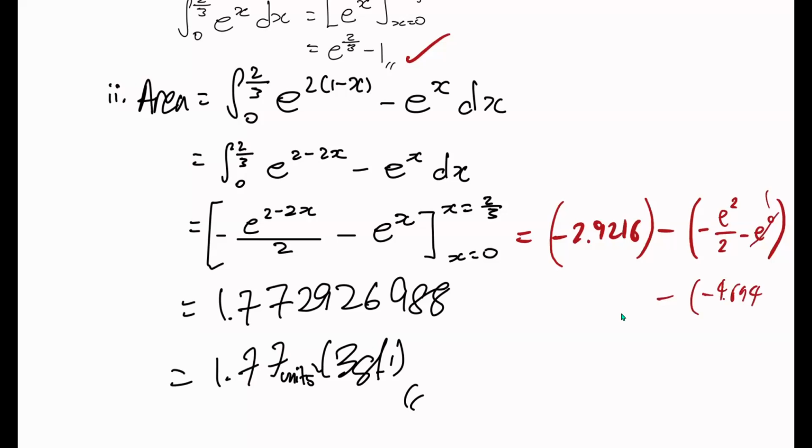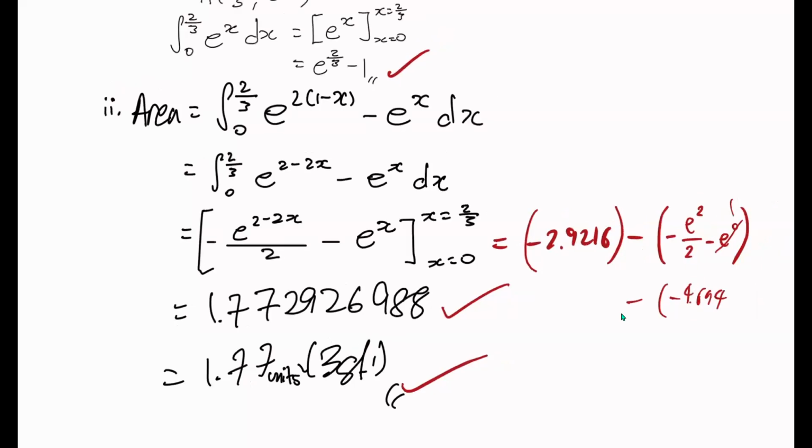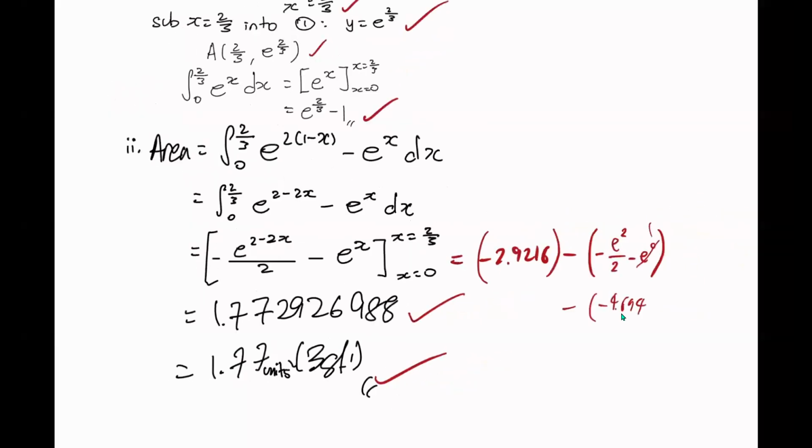So is this correct? So you add on to the negative 2.9216. You get 1.7729. Okay, it looks correct. Good. And then round off. Next one, question 27.